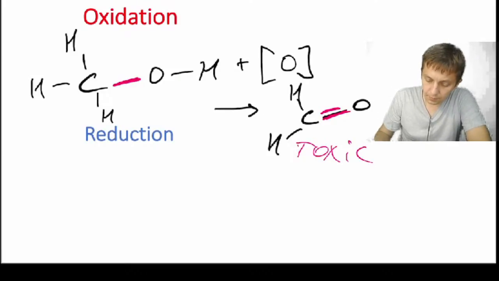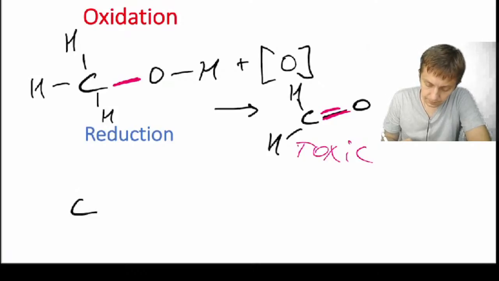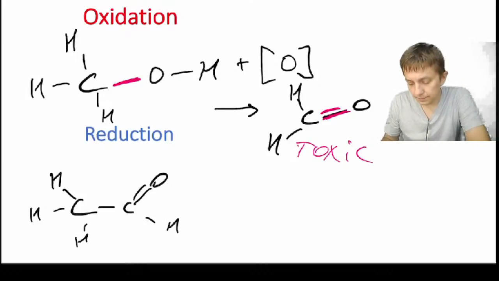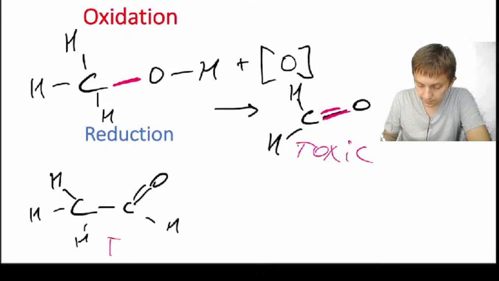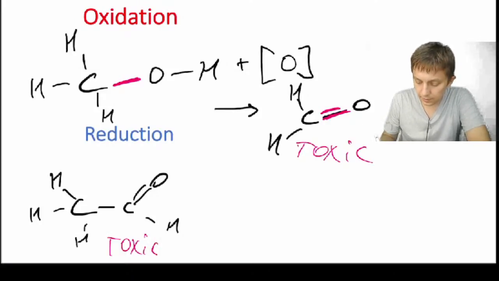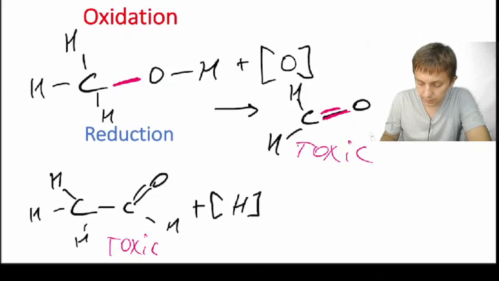Another example, for reduction: acetaldehyde, or ethanal. It's a product of metabolism of alcohol in our body, and it's also toxic, and actually it's the main reason why alcohol is toxic, not the alcohol itself, but these molecules.